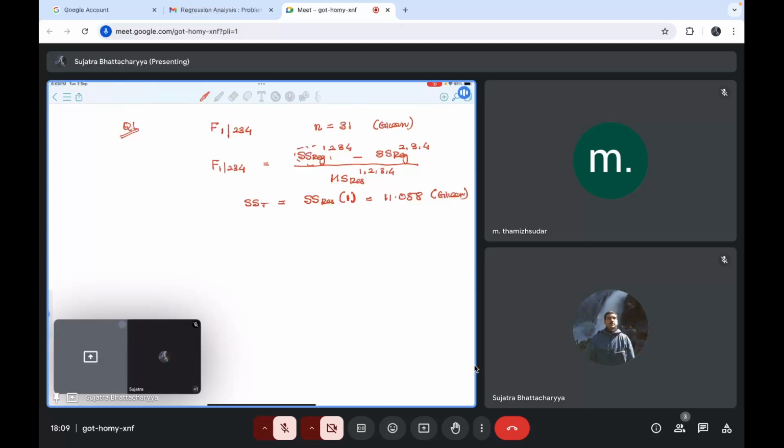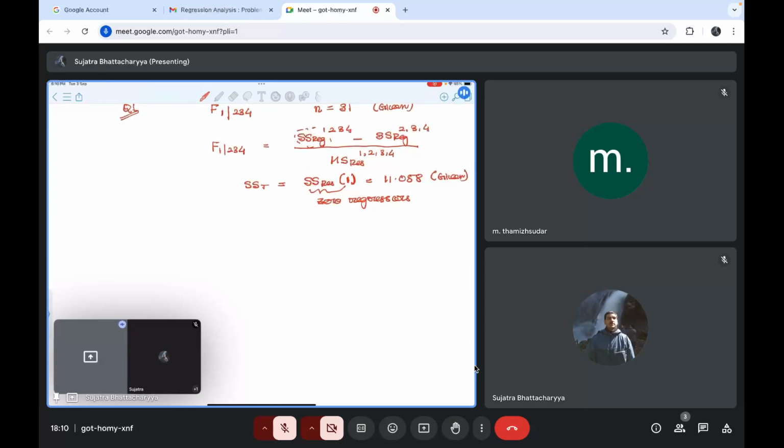So this is the SS total, which we have easily found. This is for the zero regressors case. Now next is to calculate SS regression and MS residual.